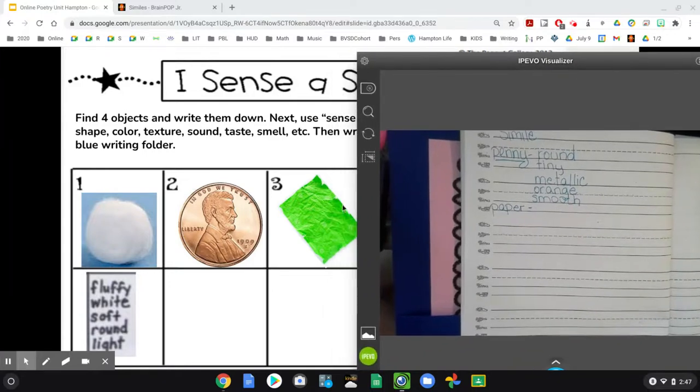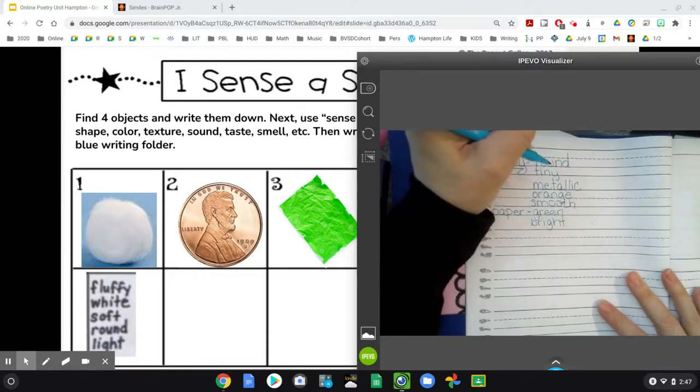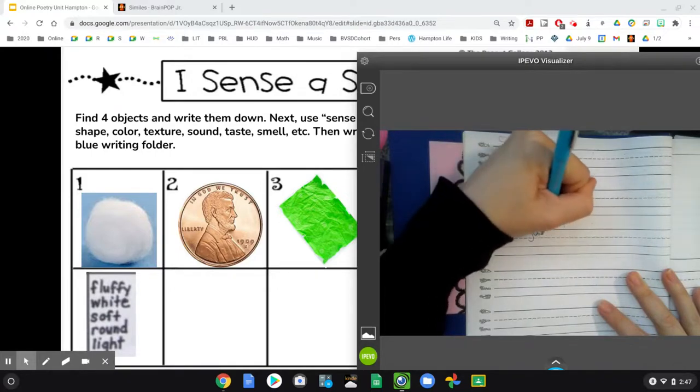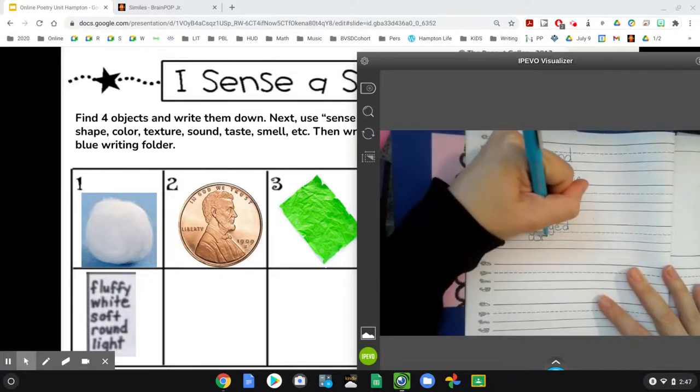So now I'm going to look at this paper, and of course, I'm noticing it's green. I'm noticing it's very bright looking. It looks a little jagged, kind of crinkly. Looks very wrinkled.